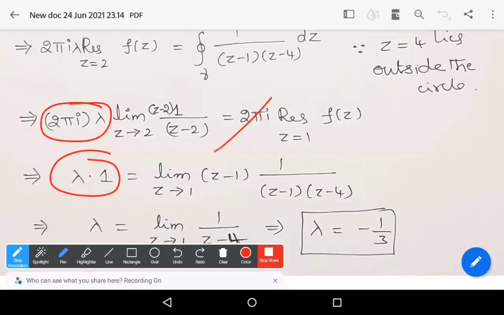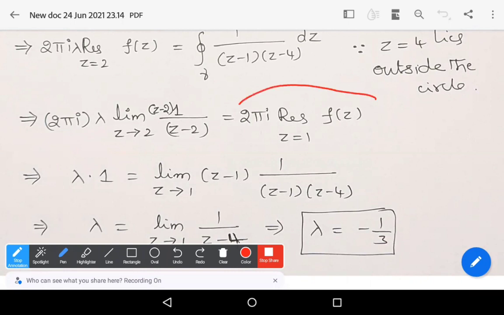At the same time, by applying the same residue formula on the right side, 2 pi i into residue of f of z at z equals 1. We find the residue at z equals 1 only because z equals 4 lies outside the circle. So now 2 pi i gets cancelled on both sides.